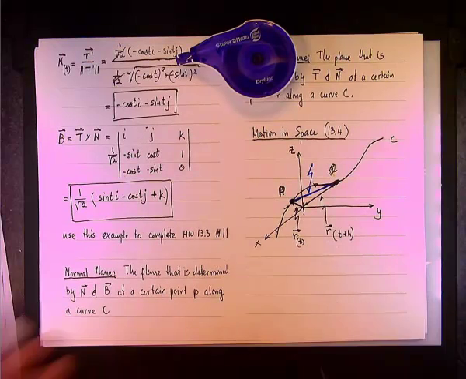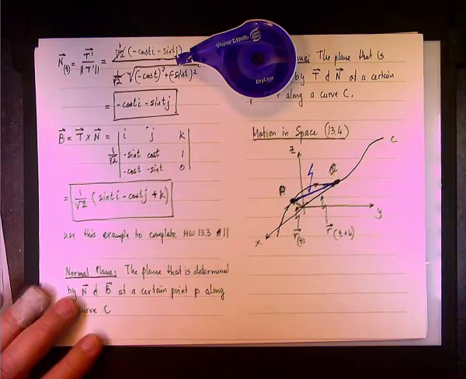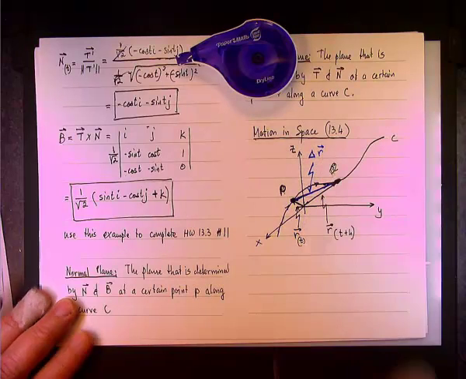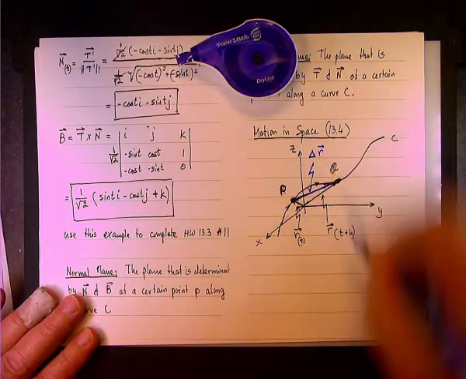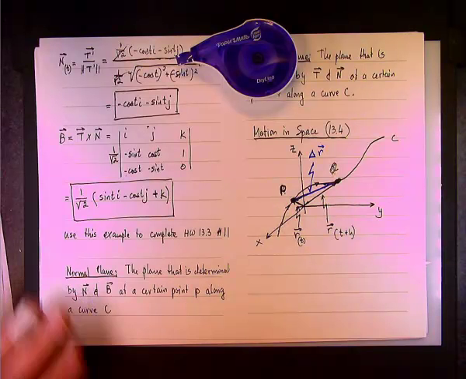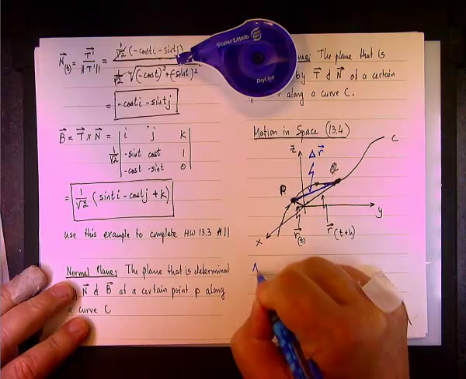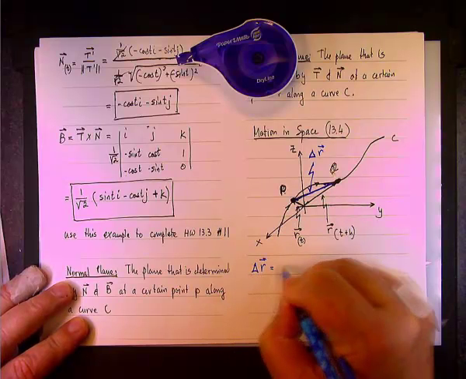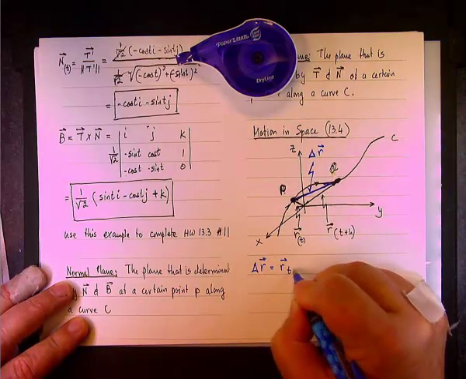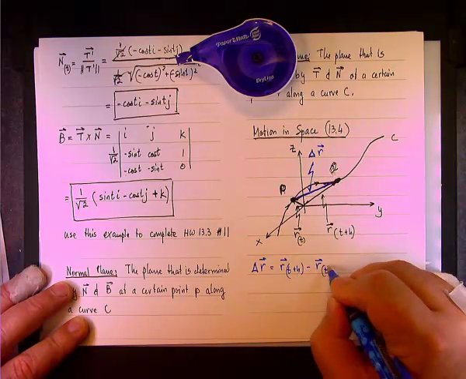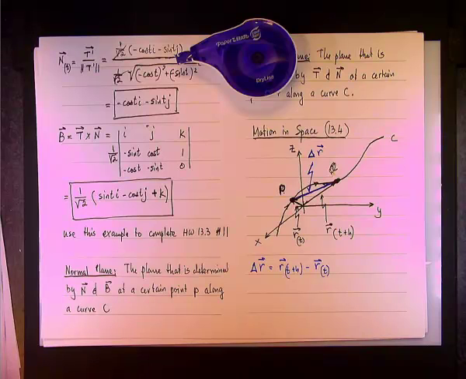Okay, and we're going to use that. So this will be the vector delta r, which is r of t plus h minus r of t. So we'll write here delta r will be r of t plus h minus r of t.